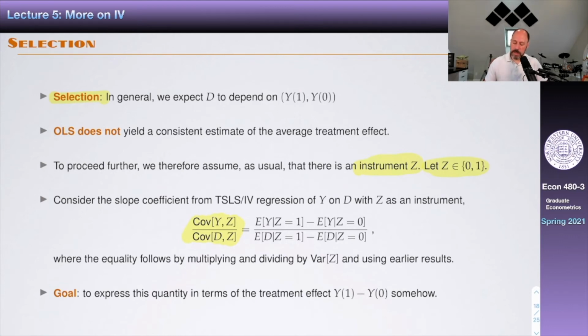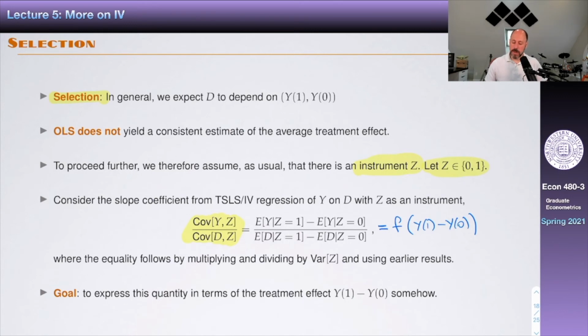In other words, can this expression be expressed as a function of y1 minus y0, the treatment effect? Maybe some weighted average of treatment effects, or the treatment effect for some group of individuals, and so on. And so what we're going to do is try to claim that the answer to that question is yes. The goal is to express this quantity in terms of the treatment effect somehow.